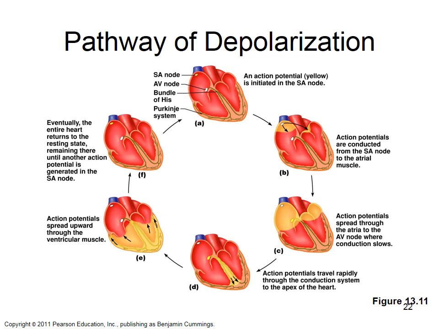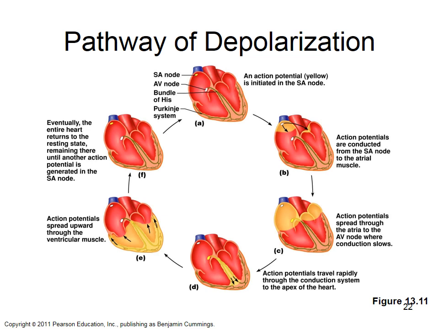Okay, the SA node, via the internodal pathway, causes the AV node to fire an action potential, but there's a slight delay. So the atria contract, the AV node is firing an action potential, and then it sends a signal down the bundle of His, which is in the intraventricular septum, and then up the Purkinje fibers so that the heart contracts from the apex, which is down here, upwards, because here are where the arteries are.